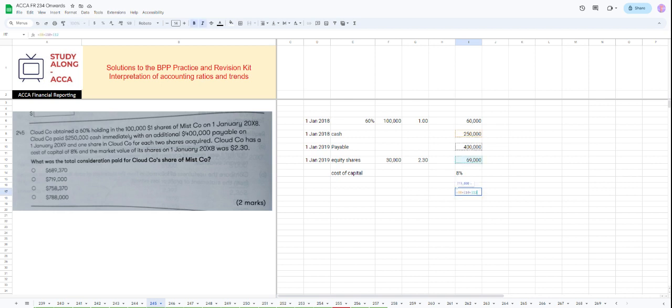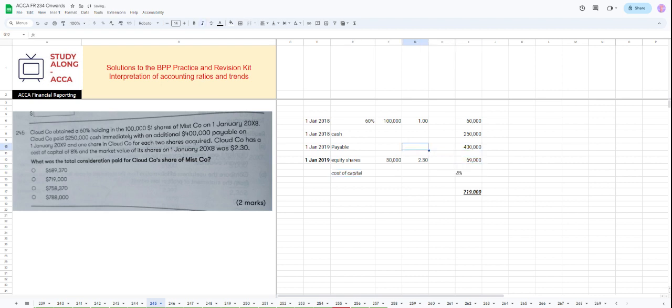We will not add the entire 400,000. And shares we will give of 69,000, that is sure, because of this 2.30. 719 is not the right answer actually, because of this cost of capital. We need to be careful about this.